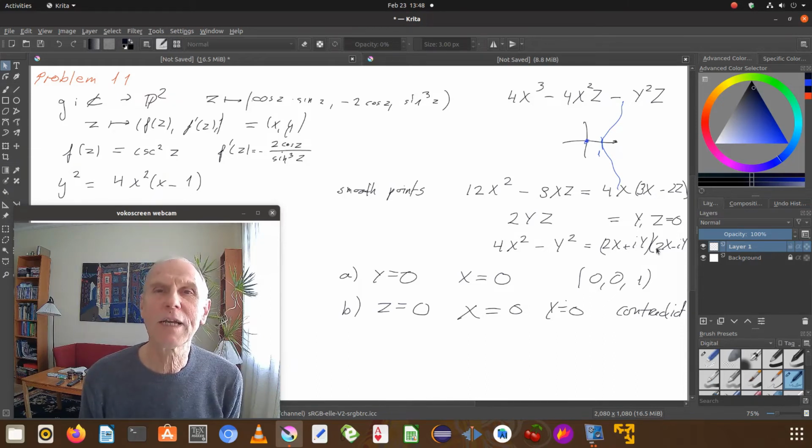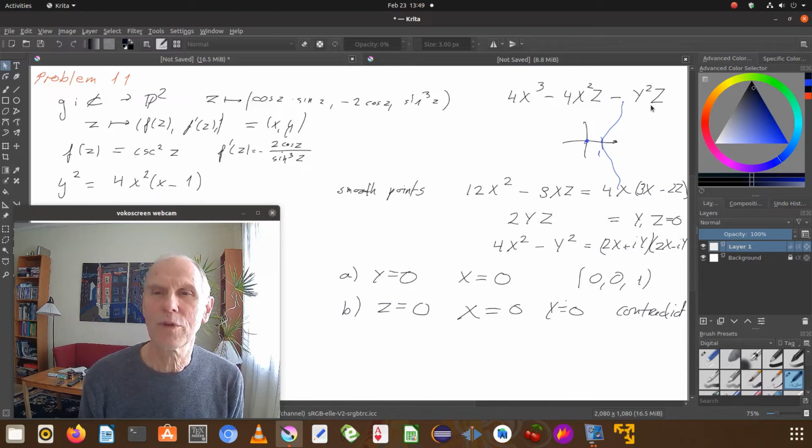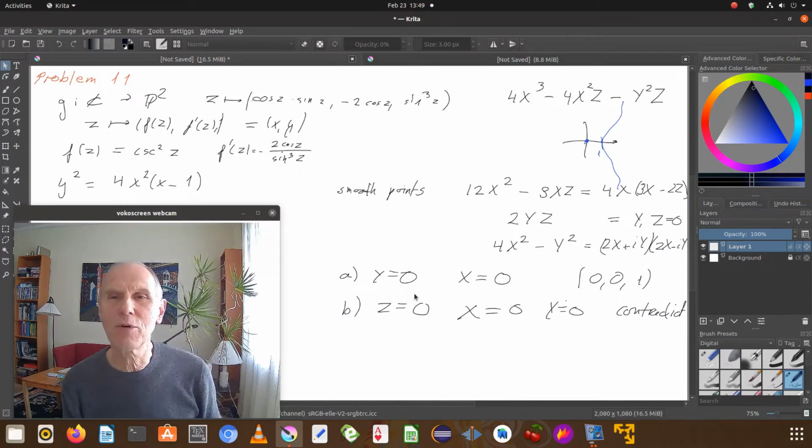So there are two places, and they have different tangents. So adding the point to itself is impossible. We could add the places, but that's not what we are doing here. So we have to exclude this point. So the whole projective curve except the singular point is what we are looking at.